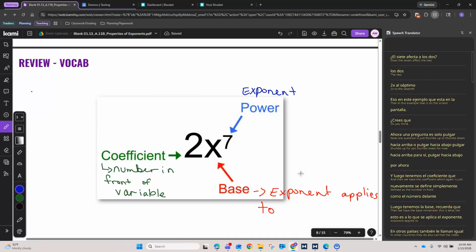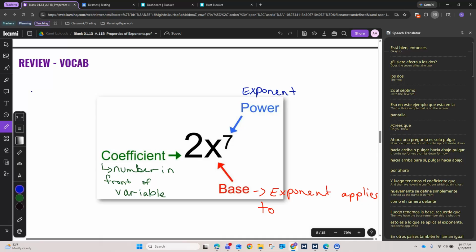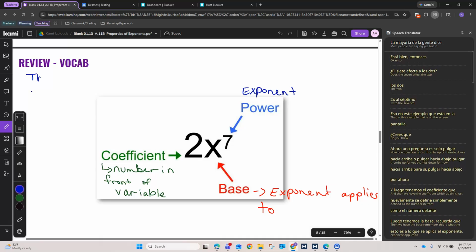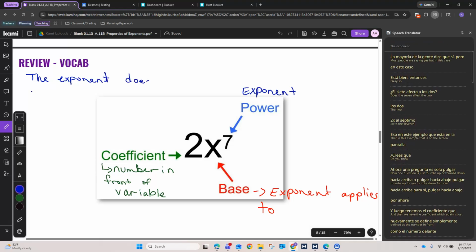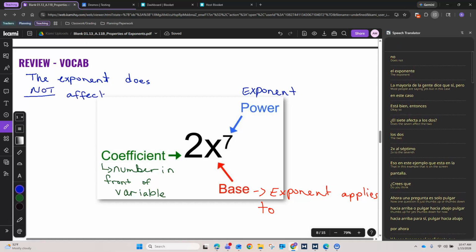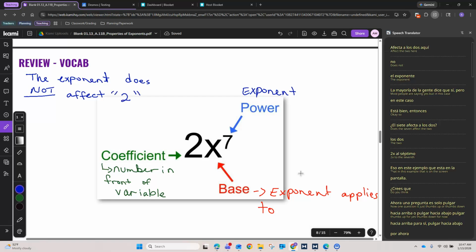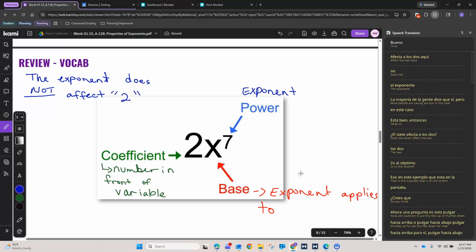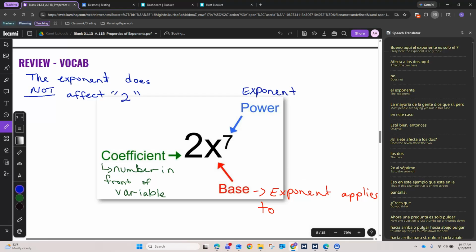Okay, so most people are saying yes, but in this case, the exponent does not affect the 2 here. Here the exponent is only the 7, or to the x, sorry.